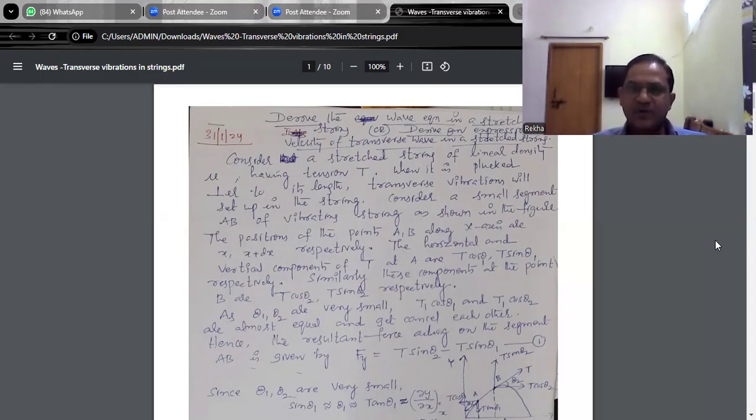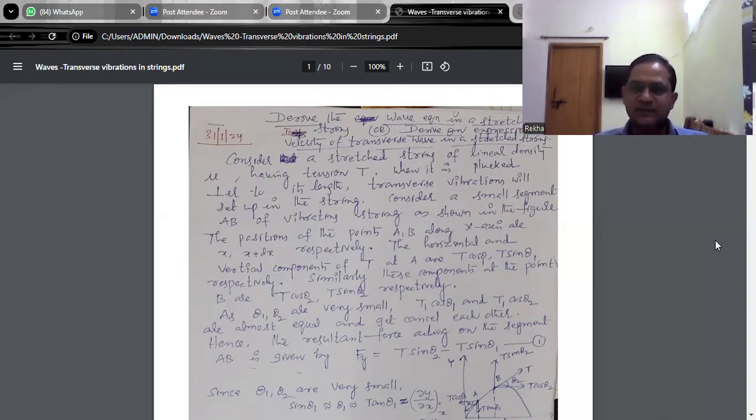Then that wave is called longitudinal wave. Example for longitudinal wave is sound waves and also the vibrations in the bars. Of course, the transverse vibrations also we can produce in the bars.